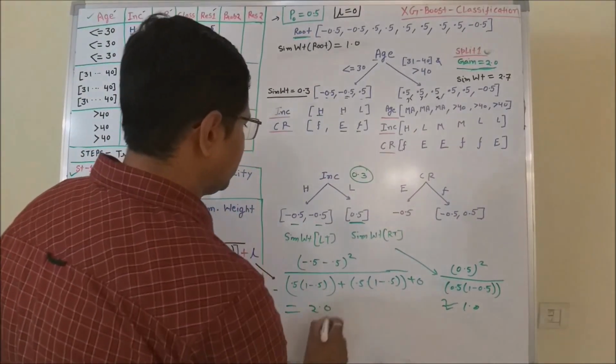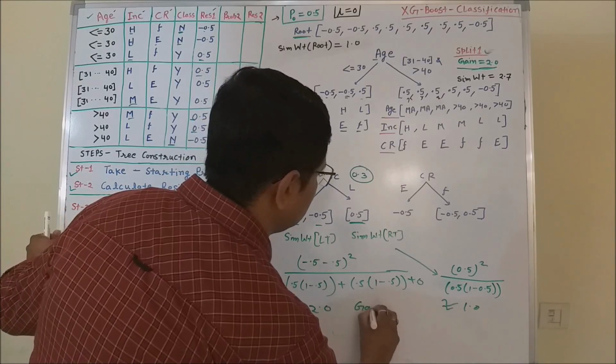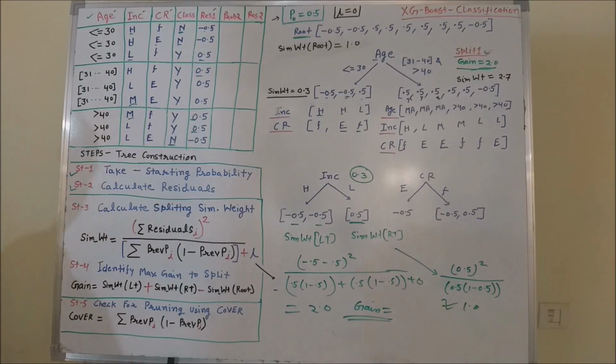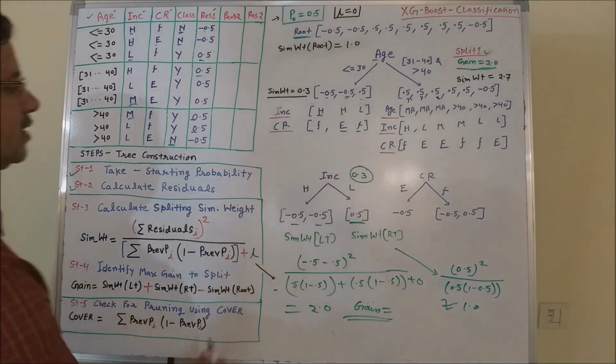So the gain will be equal to the similarity weight achieved through the left subtree plus the similarity weight achieved through the right subtree minus the similarity weight of the root.